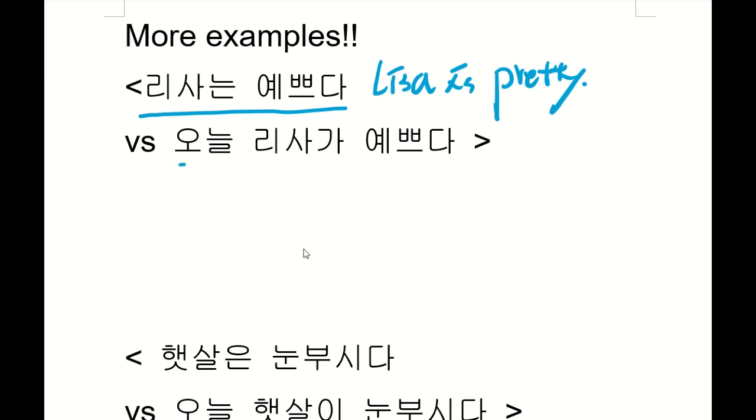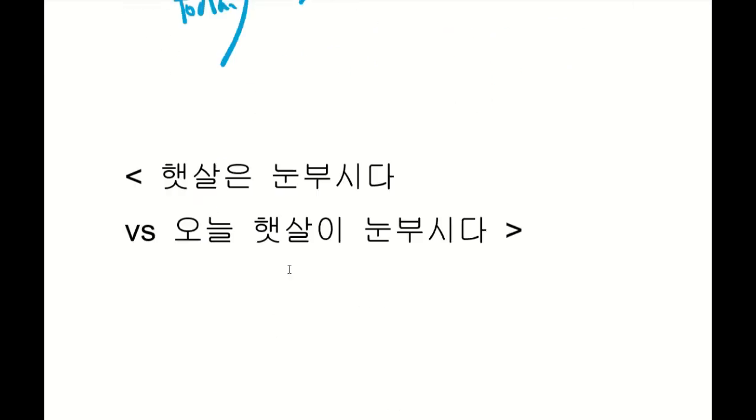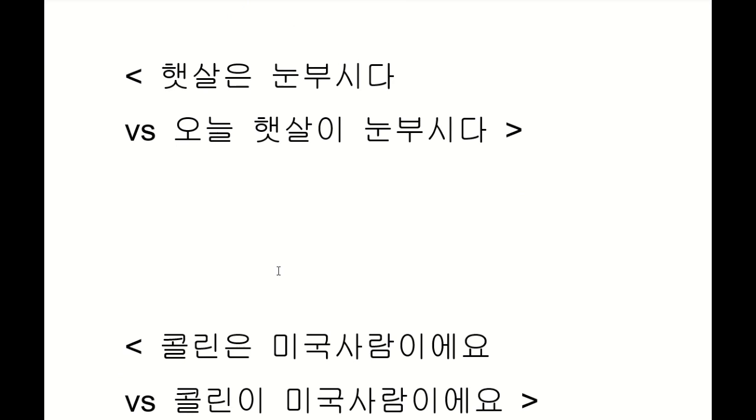But this one, 오늘 리사가 예쁘다. Probably she's always pretty, but particularly, I feel like she's pretty today. 리사가. So we are interested in Lisa today, who is pretty, particularly. 오늘 means today. Okay. 오늘 리사가 예쁘다. And then next one.